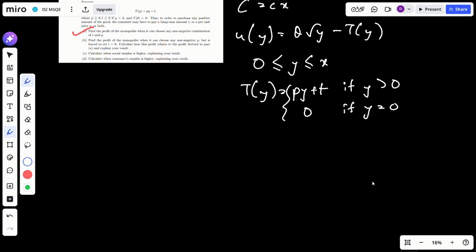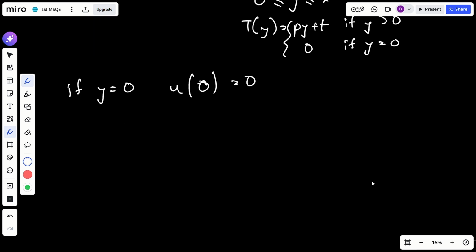If he doesn't buy the good, then his utility will be 0, right? But if he decides to purchase, then he will try to maximize his utility, because as a consumer our job is to get as much utility as possible. So maximize the utility.